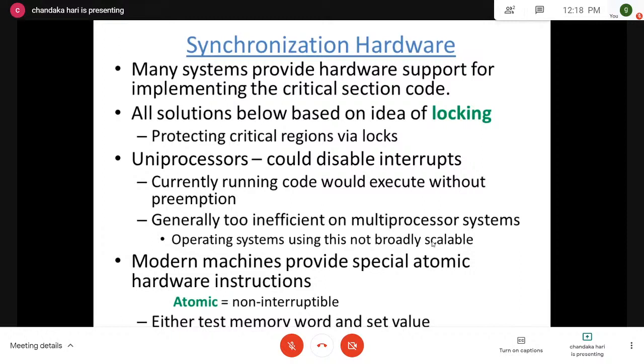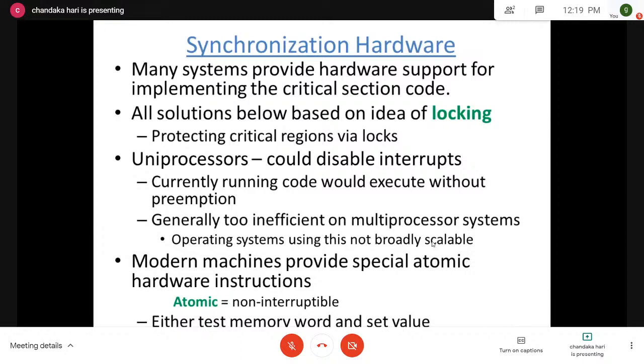Let us take the first one, uniprocessor. Uniprocessor means there is only one processor in your computer system. While executing one process in its critical section, what the CPU does is disable the interrupts.